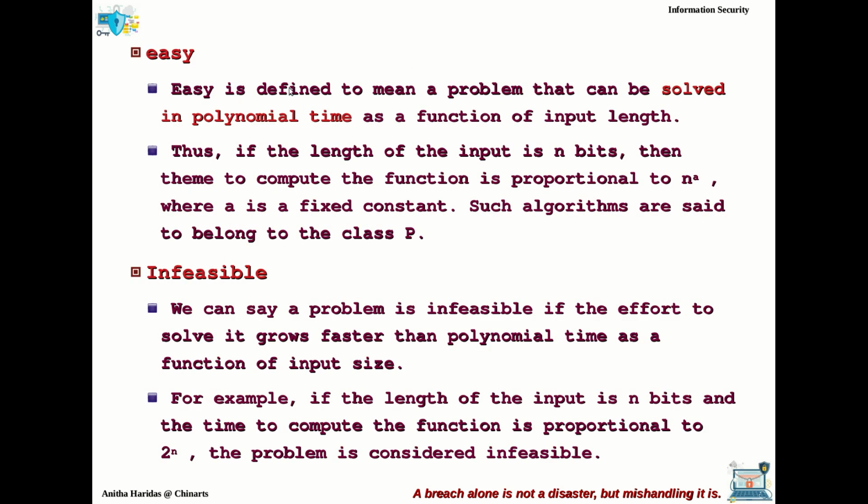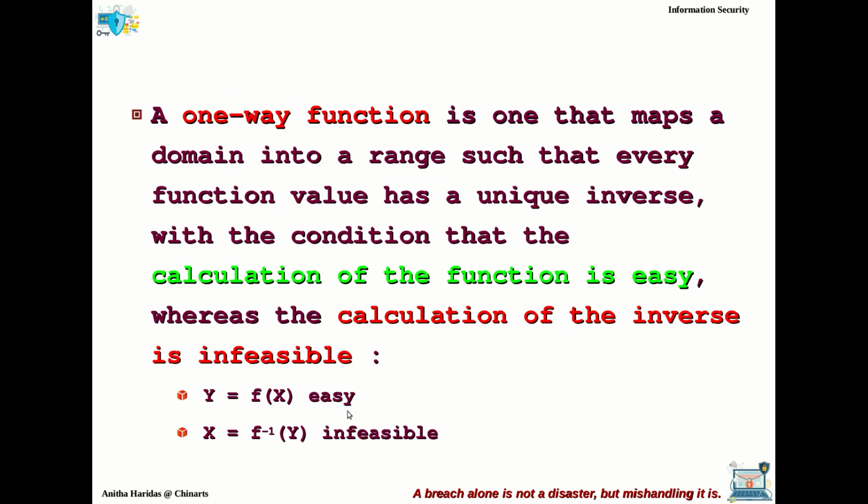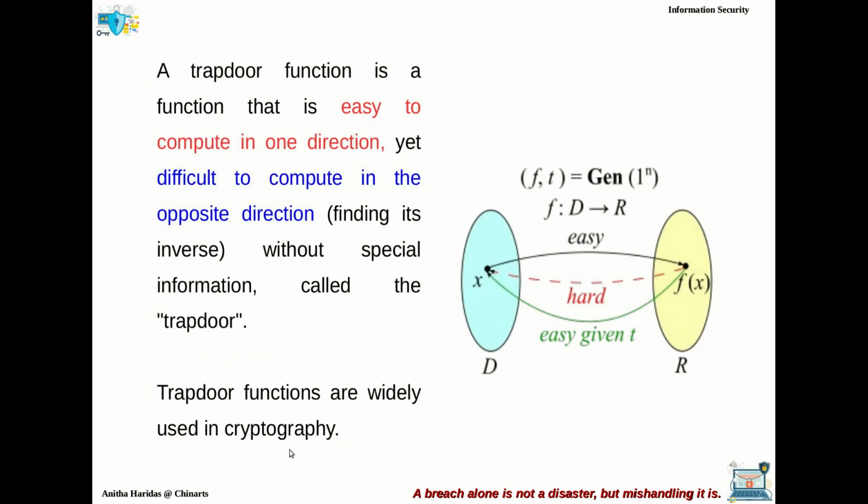Okay. So, a one-way function says this must be easy and this must be infeasible, right? Calculation of the function is easy, but the calculation of the inverse is infeasible. This is what you call a one-way function. Now, the trapdoor function is the one that is easy to compute in one direction. This direction is very easy, but it is difficult to compute in the opposite direction.